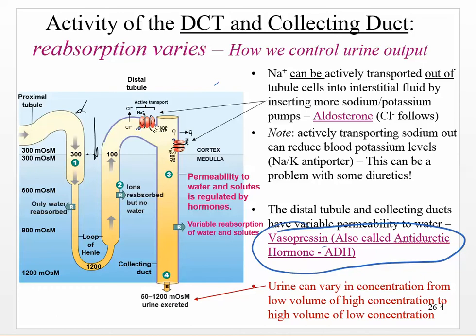Well, if you let sodium and water out, that's going to reduce your volume of urine, without having much of an effect on concentration. However, if you leave those salts in there, so we have a whole bunch of salts in the nephron here, and then we put water pores in where the water can just leave, then what we end up with at the end, and that water is going to leave because look, it's 1200 milliosmolar.